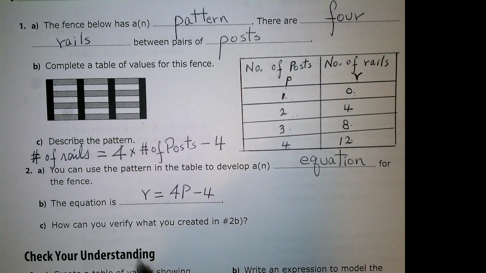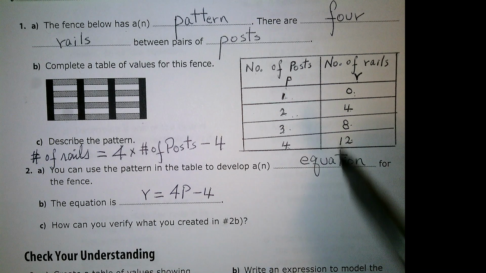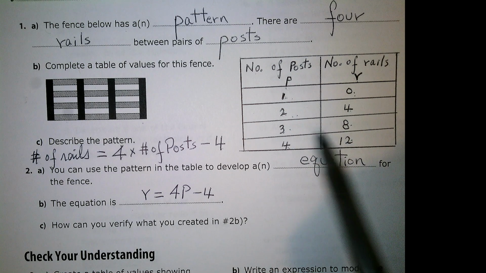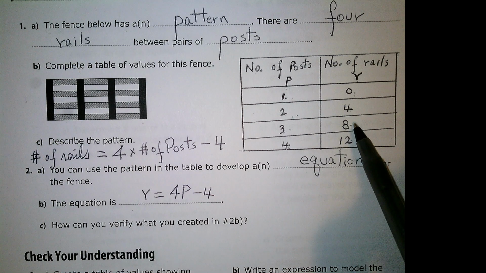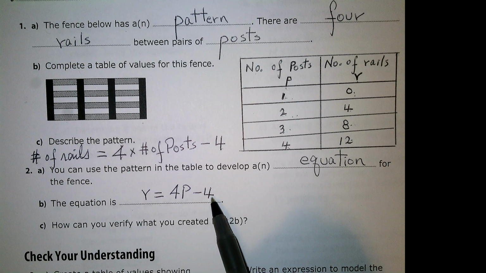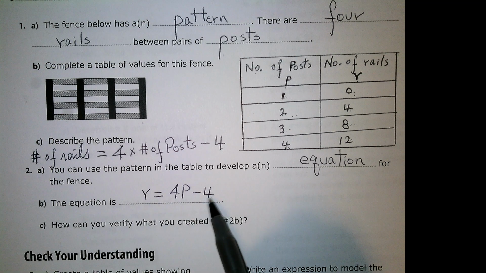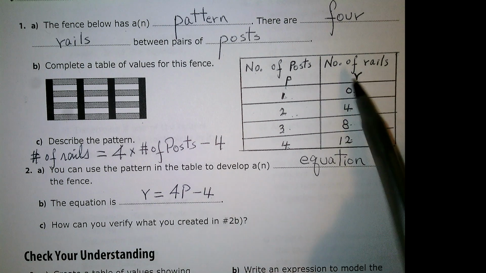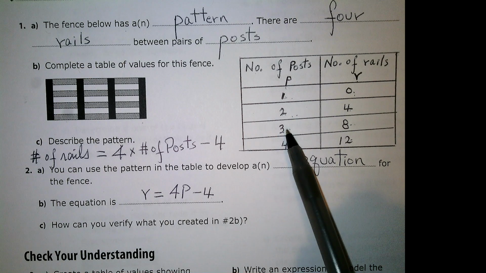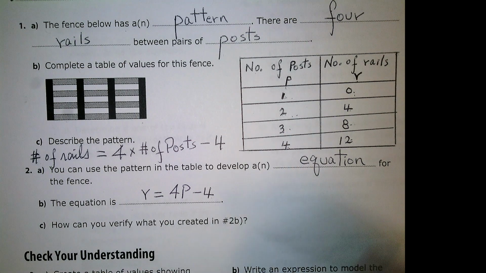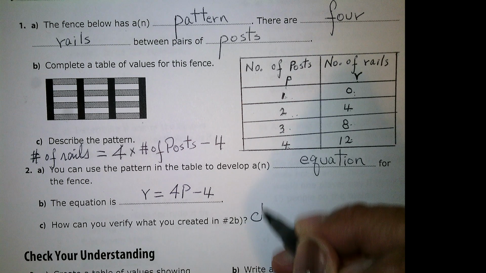The final part is how can you verify what you created in 2B? Well, we can take any pair of numbers. Let's say we take 3 and 8 and substitute, and see if it gives us the correct answer. Because remember, we're trying to find the number of rails given the number of posts.